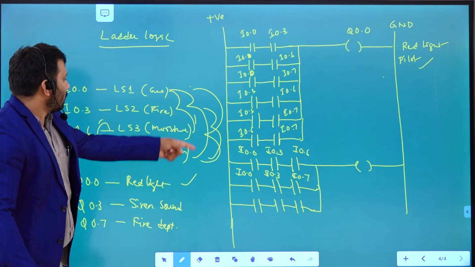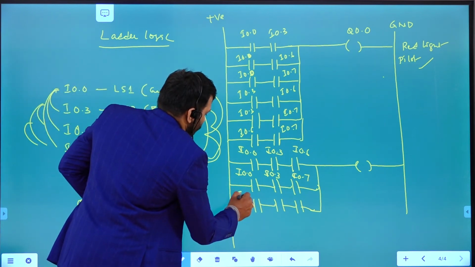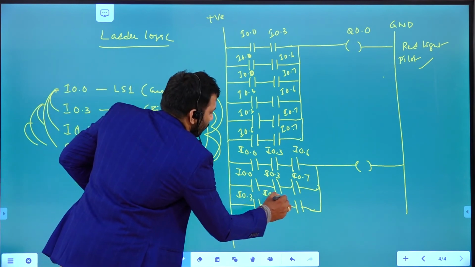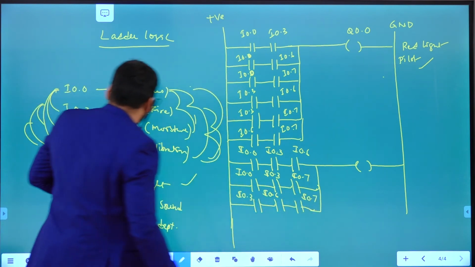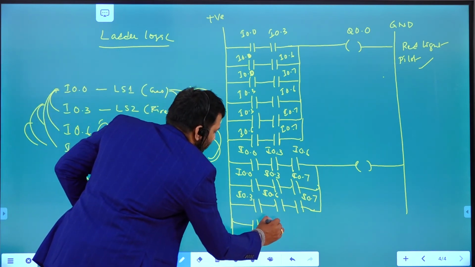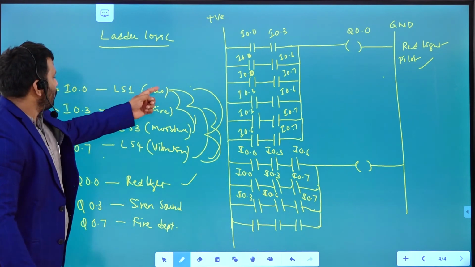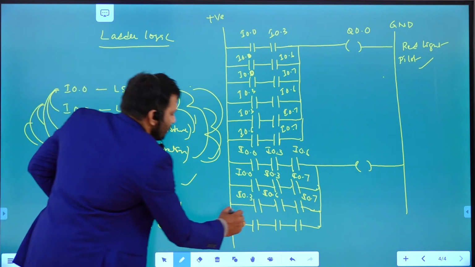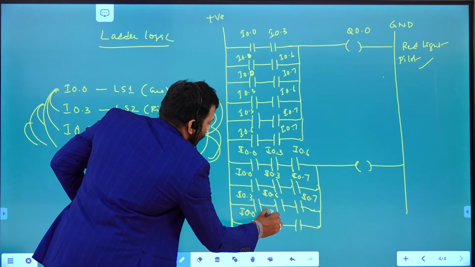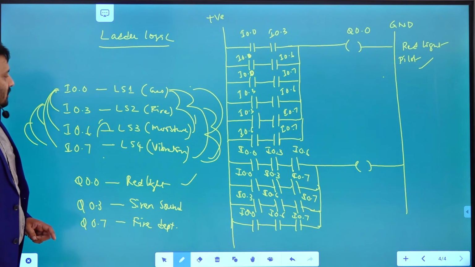This combination, I0.3, I0.6, I0.7. Then the other combination is what? This one, I0.0, I0.6 and I0.7.